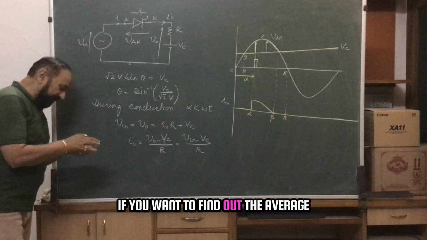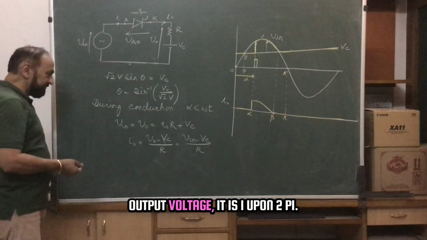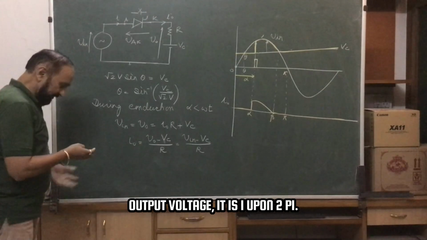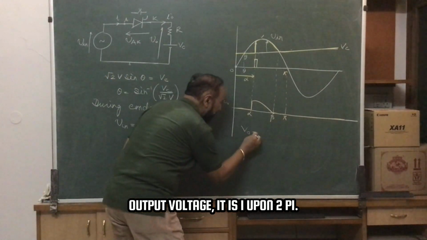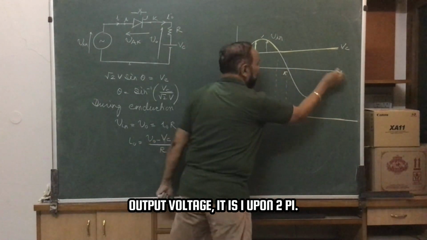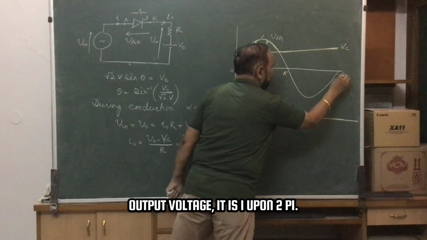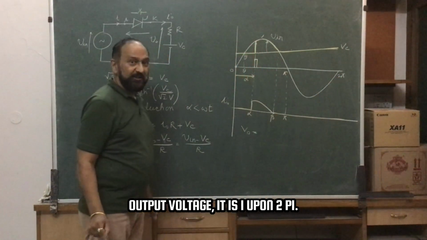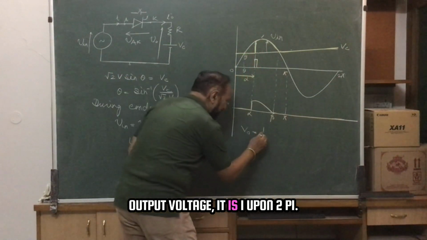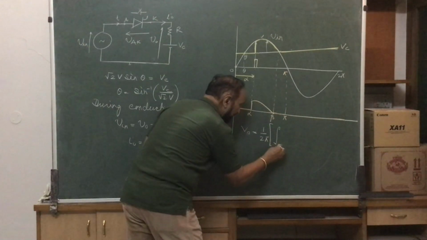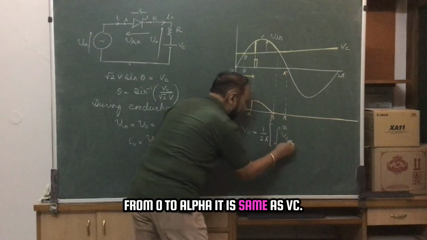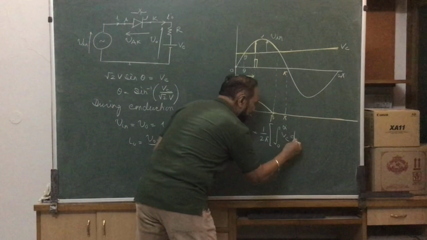If you want to find out the average output voltage, it is 1 upon 2 pi, from 0 to alpha, it is same as VC.